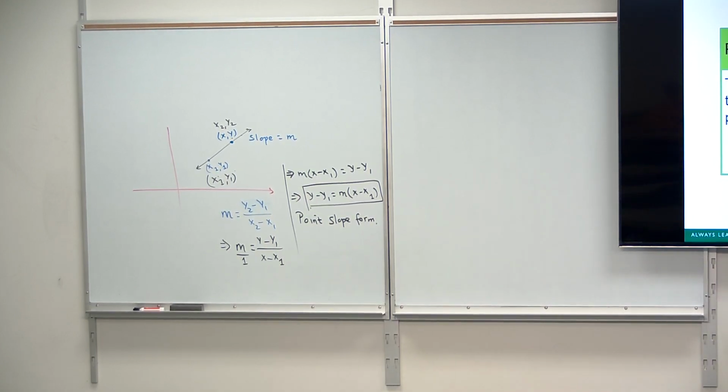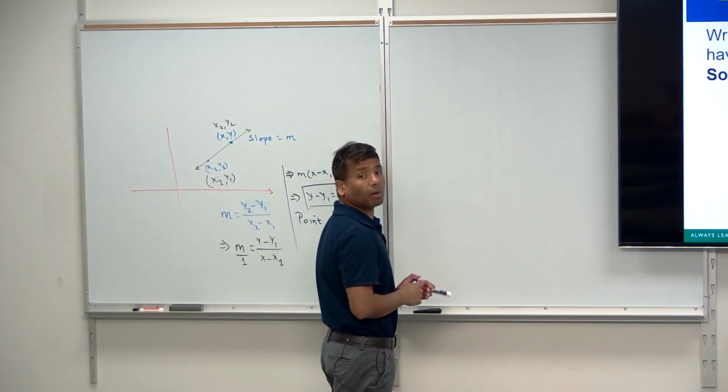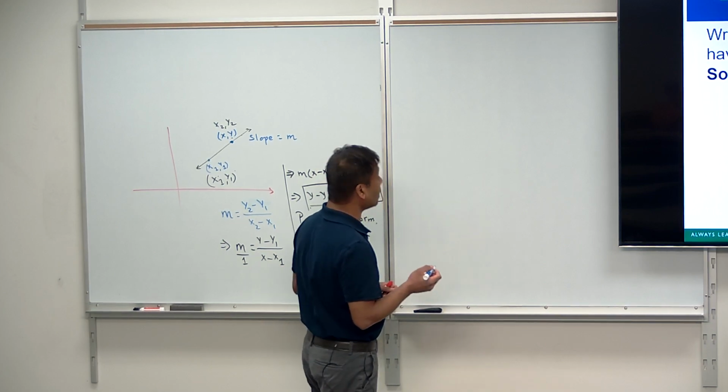You got it, right? So now, let's work with examples, okay? So this is the example you have. Write an equation of the line through the point negative 4 comma 1 and having a slope negative 3.